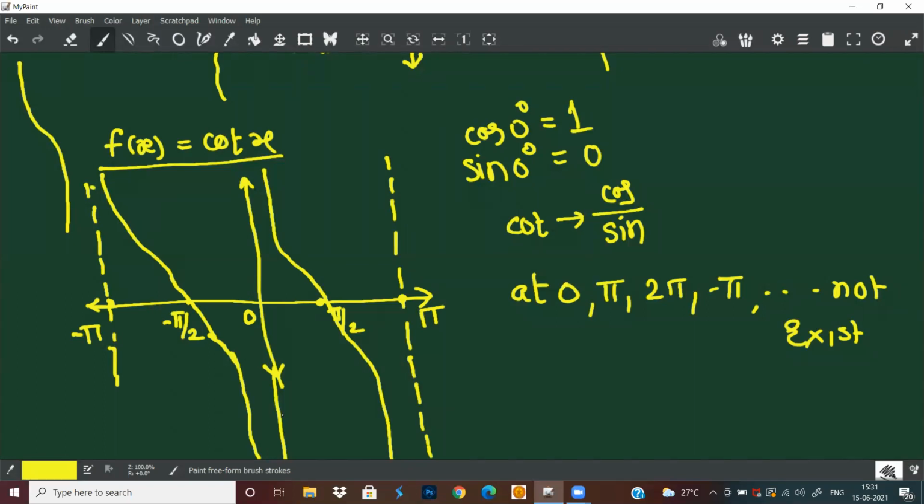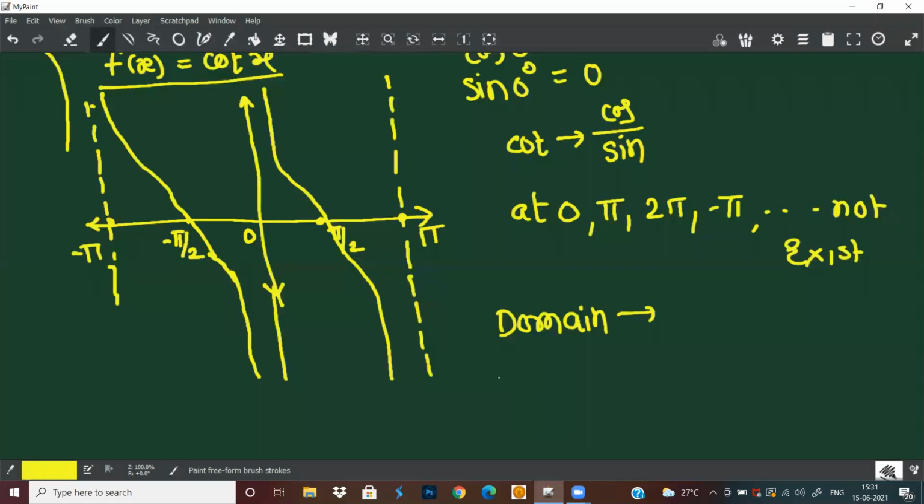हाँ? अभी मुझे आप इसका domain बोलिए, domain for cot and range for cot. What will be the domain for cot? It will be every real number except integral multiple of pi, Z. This will be the domain.